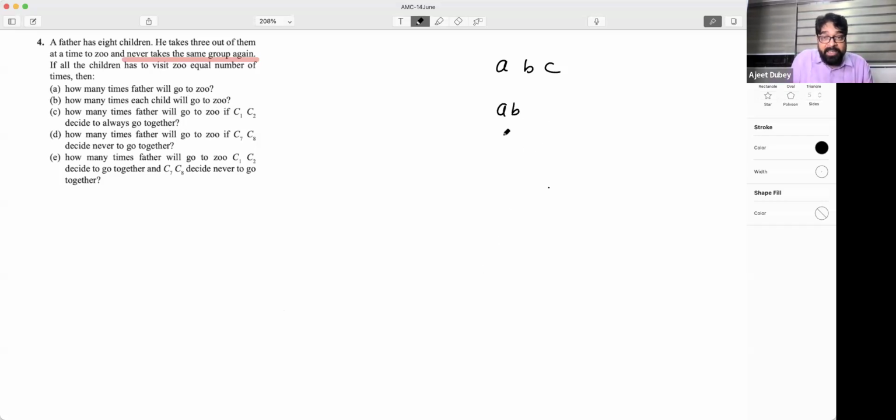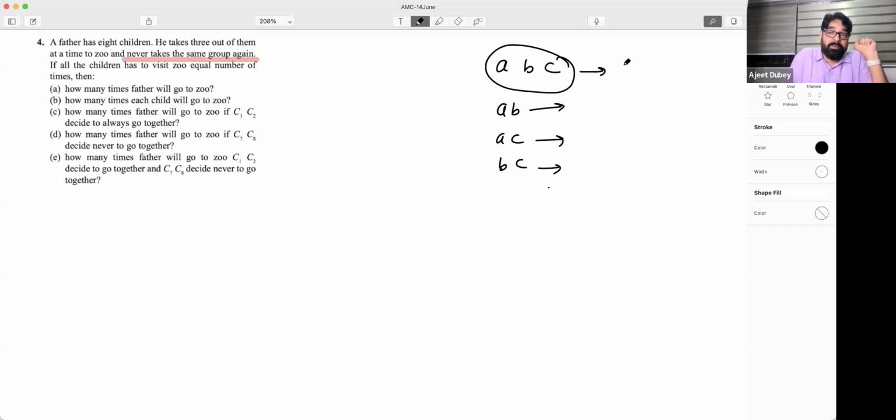Either he will take AB, or AC, or BC. No other chance. Yes or no? So he has to visit the zoo 3 times. Or simply, I have to select in how many different ways I can select 2 people. That will be 3C2, and that comes to 3.